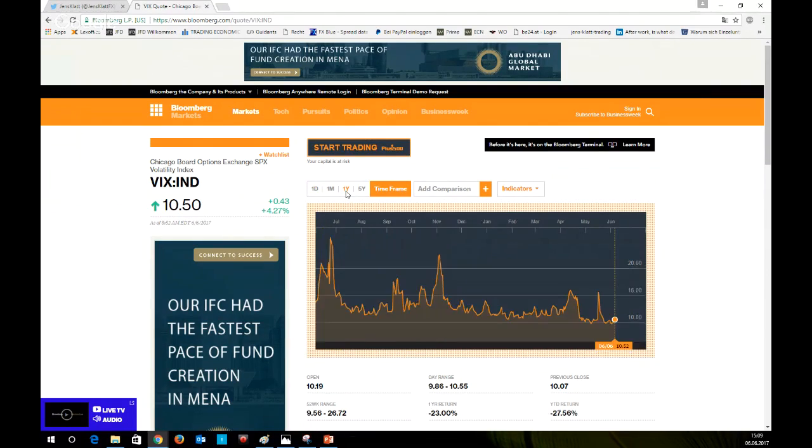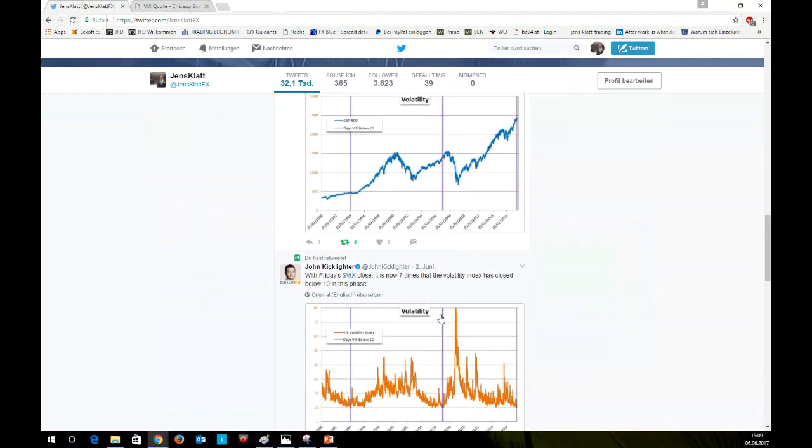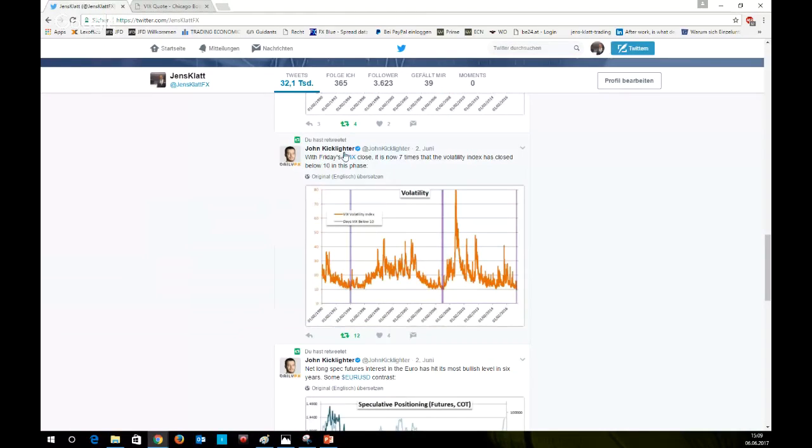But if you look at this on a yearly basis, you can clearly see that this is by far one of the least volatile market environments in 1 year. And so if you look at this, then you can see something really interesting. So here with Friday's VIX close, that was below 10, by the way. The volatility index has closed below 10 in this phase here. It's now 7 times that the volatility index has closed below 10 in this phase.